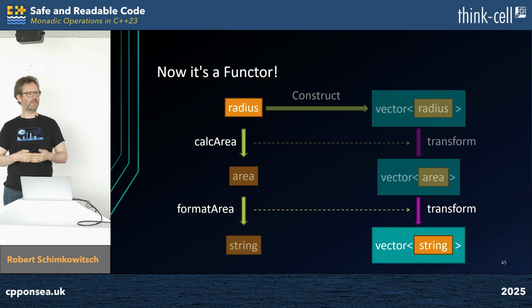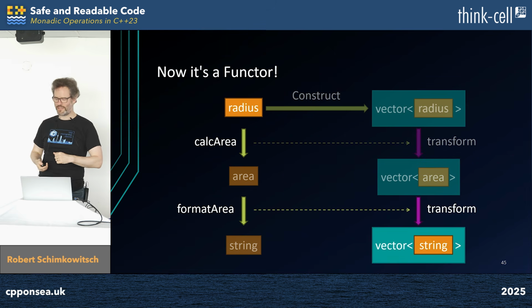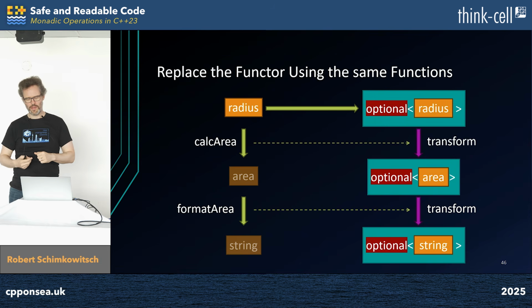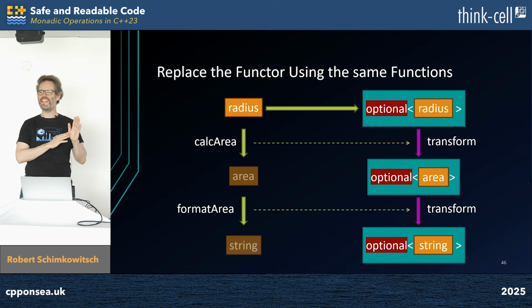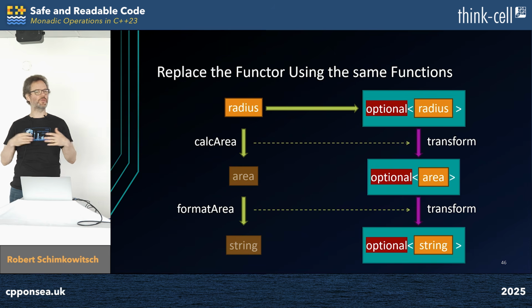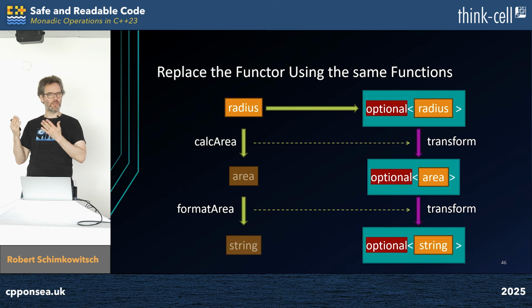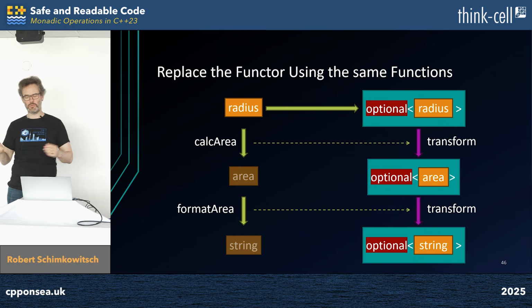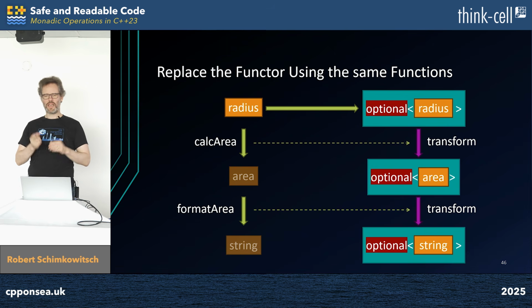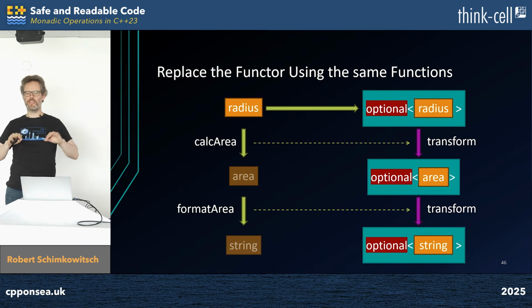And then we can do the same to go from areas to strings. The nice thing about it is we are not bound by vector. Our functions stay the same, and we can apply the same using a different functor with optional instead of vector. For example, it could be other things as well. So we have separated two things really nicely.